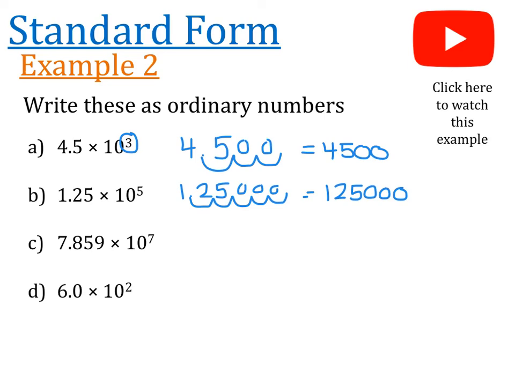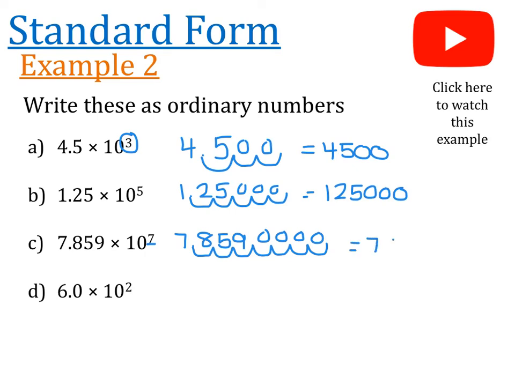All right, question C, we got lots of decimal places this time. 7.859, and that is times 10 to the power of 7. So I need to move 7 times. 1, 2, 3, 4, 5, 6, 7. So I need these digits here to be filled with zeros.